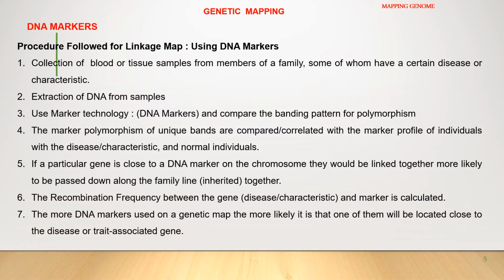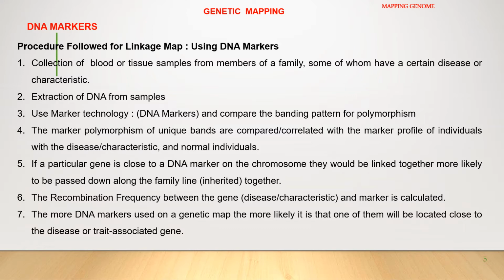The DNA profile is then constructed and scored using different DNA markers. The polymorphic bands are scored for all the individuals and correlated with the phenotype of normal individuals and diseased individuals.